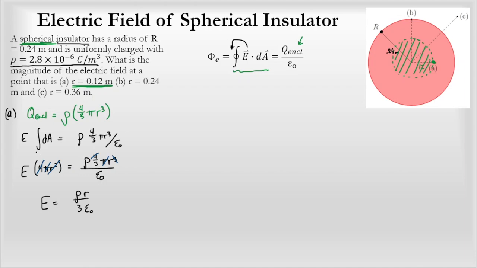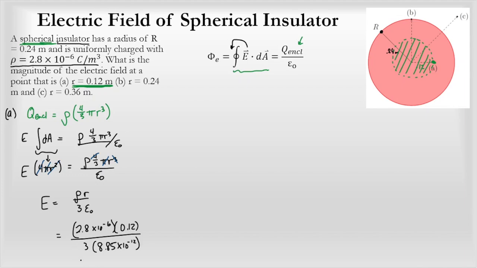Okay. Again, really slick integral. We know the surface area of our Gaussian surface. All right. We had already dealt with our charge enclosed, and now we can do a calculation where I'm just going to plug the numbers in here. 10 to the 2.8 times 10 to the negative 6. The radius we're at, 0.12, divided by 3 times 8.85 times 10 to the negative 12th.